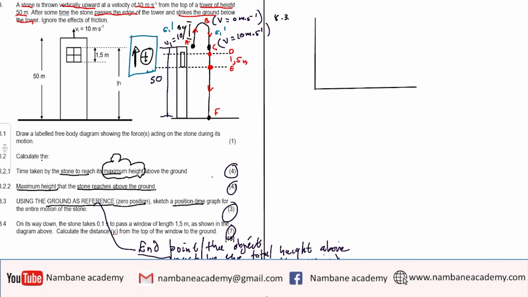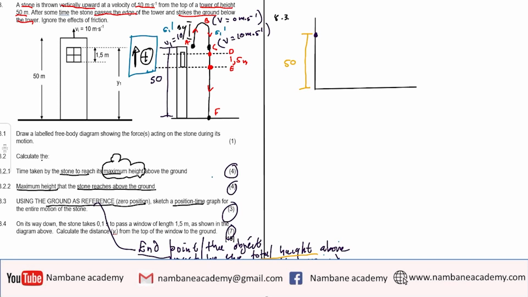So now what does that mean? It means it will start there. This part here, it is the 50. But what does it mean? It says the object must be the total height above the ground.